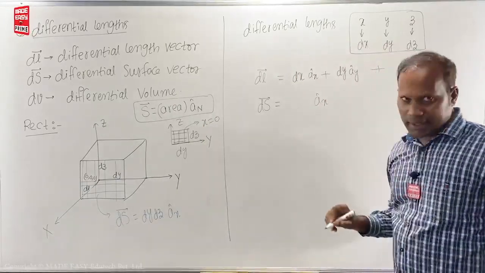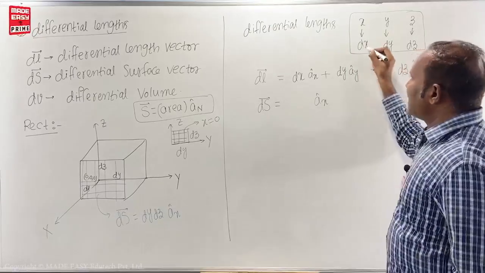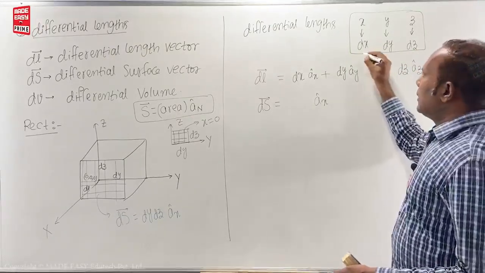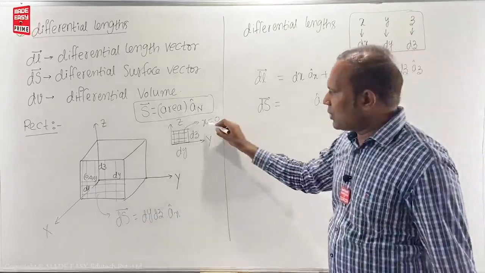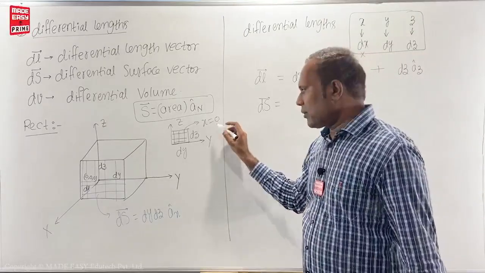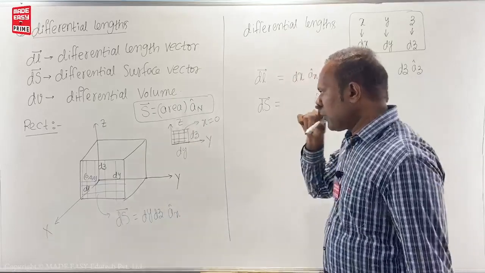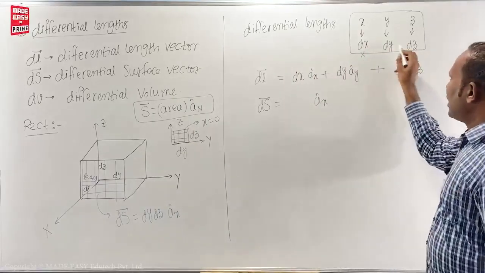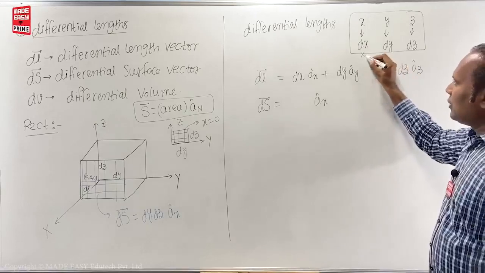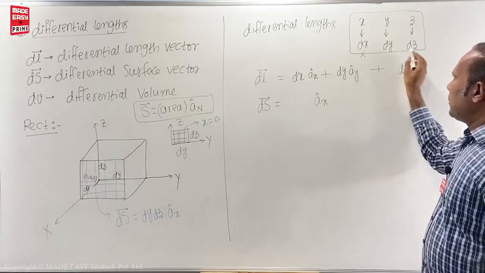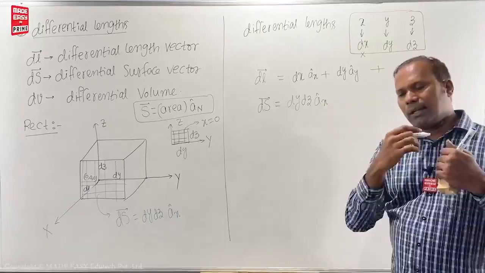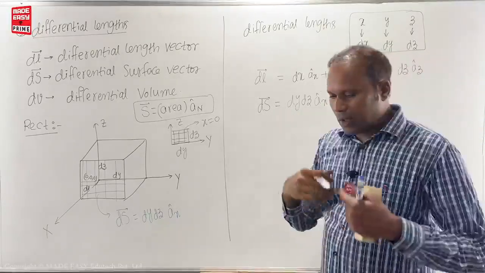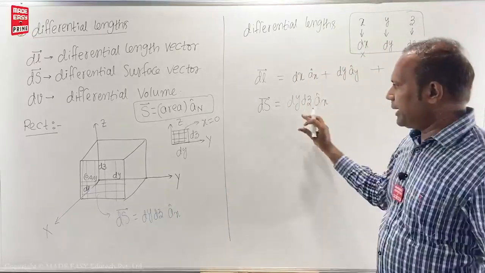So x doesn't change. Then leave that, because this is x equal to constant surface, or otherwise yz surface. On yz surface, y comma z are variables. So you leave this one and then multiply these two. So dy dz. Now you can write ds bar equation in all the coordinate systems like this only.